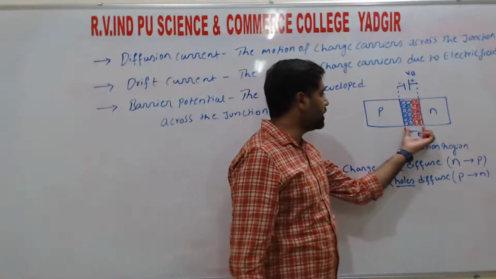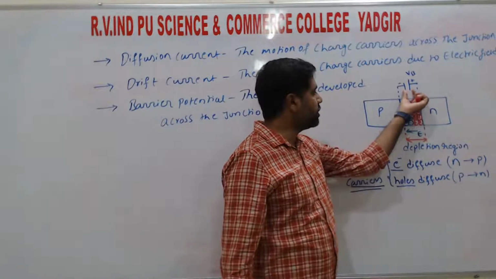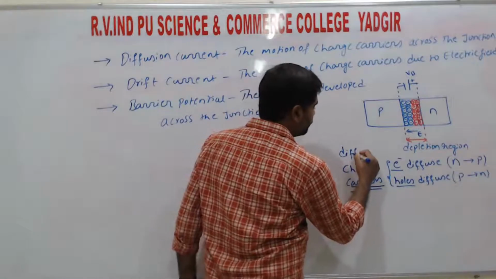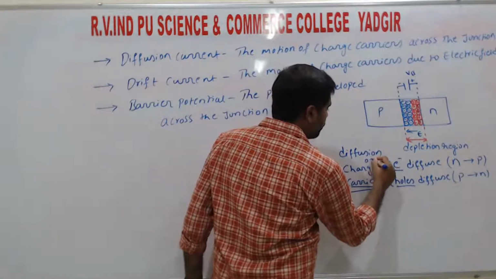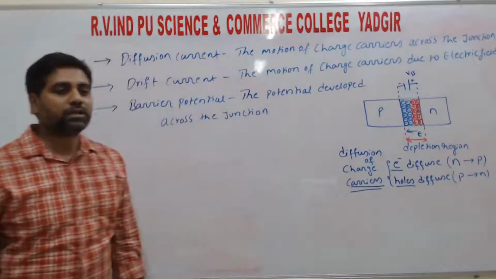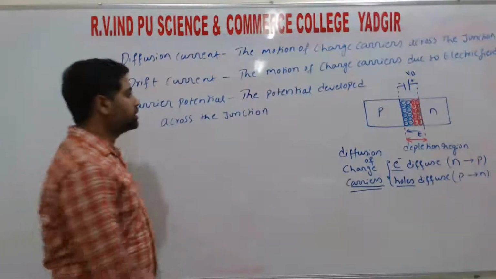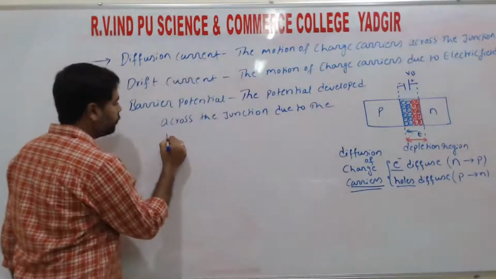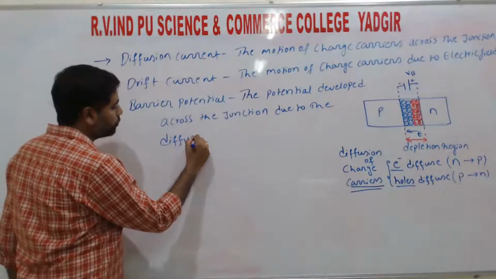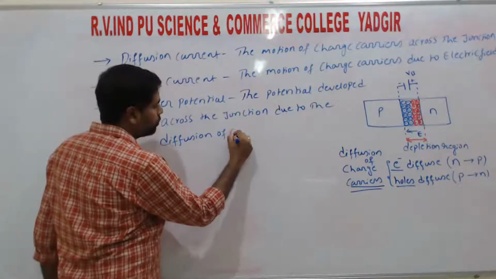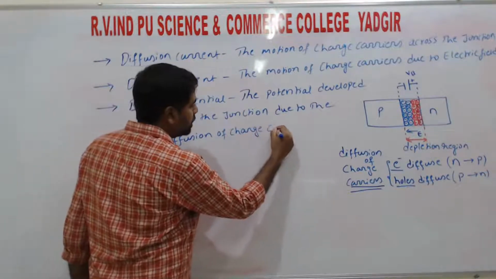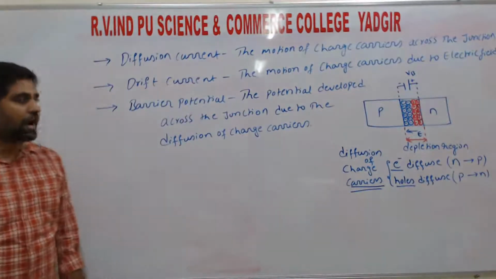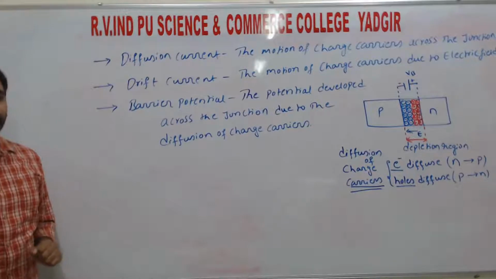So here one potential is developed due to the diffusion of the charge carriers across the junction. This one we call barrier potential, right?